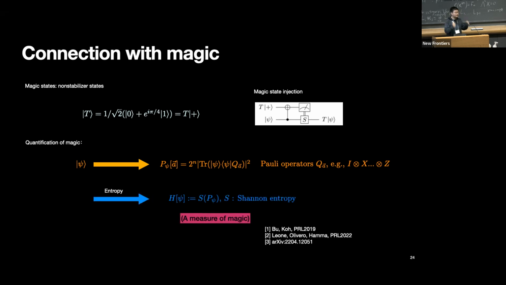And then we just take the entropy of this probability distribution. And we can show this is a good measure of magic. And in our paper, we call it quantum Fourier entropy. Okay, so this is the definition of a resource measure for magic.